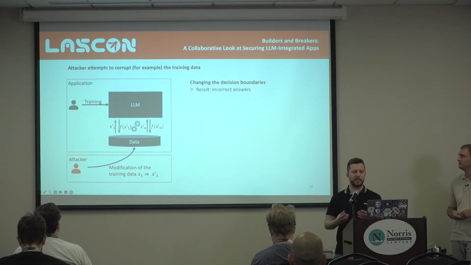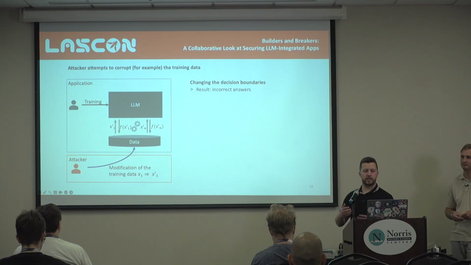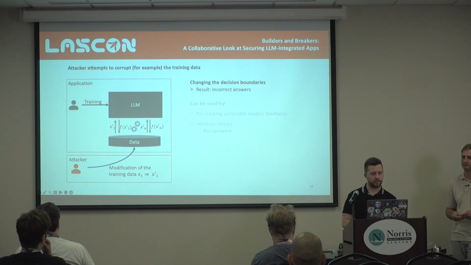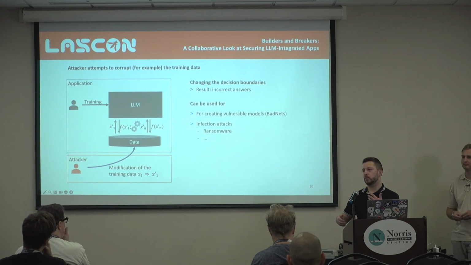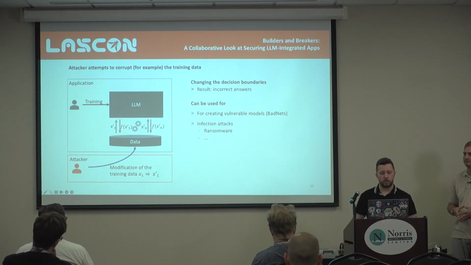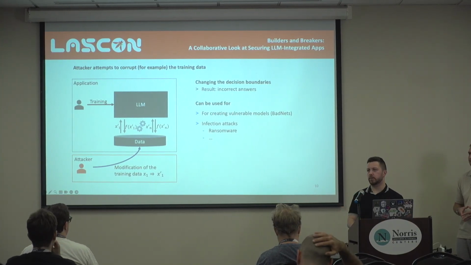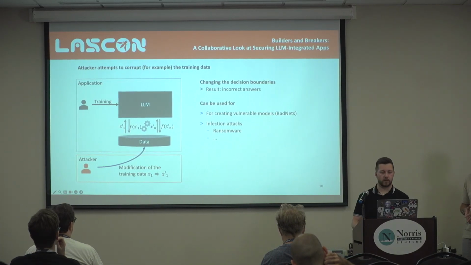We are changing the decision boundaries here. The result also leads to incorrect answers. It can be used, for example, for bad nets, like we have with other bad networks happening through ransomware or malware. We have it similar here with the neural network which we're using in this case.